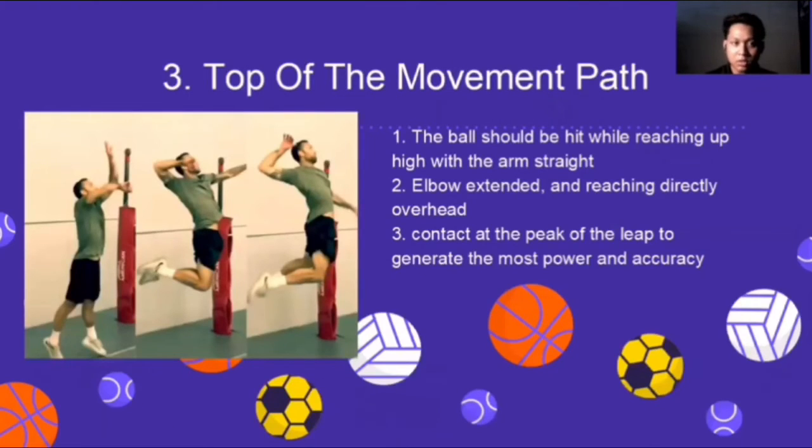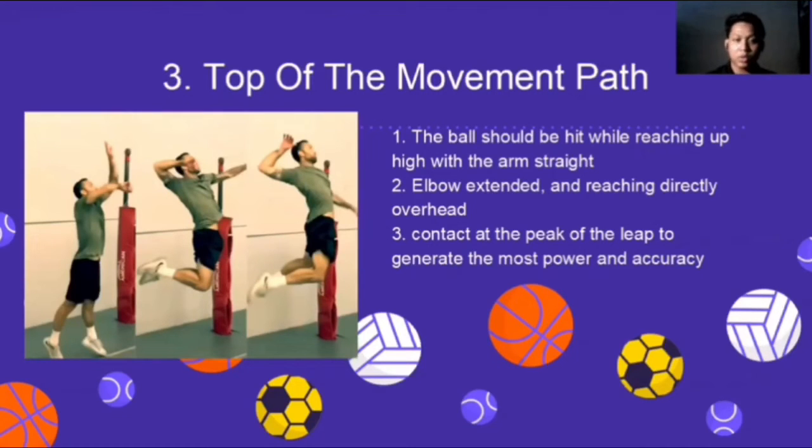Then next is the top of the movement path. The ball should be hit while reaching up high with the arm straight, elbow extended and reaching directly overhead, with contact at the peak of the leap to generate the most power and accuracy. So basically, when we hit the ball, when our hand is reaching the ball, we must be at the highest position in the air to get the most powerful spike.